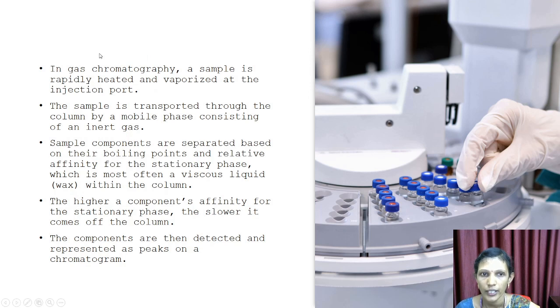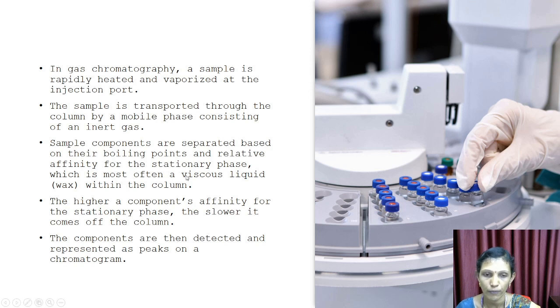In gas chromatography, a sample is rapidly heated and vaporized at the injection port, and the sample is transported through the column by the mobile phase, which consists of an inert gas. Based on the boiling point or the relative affinity, the components are separated.